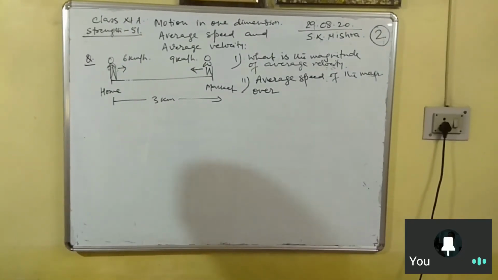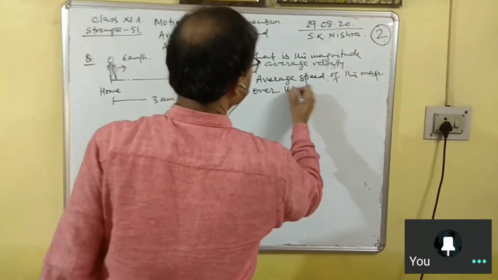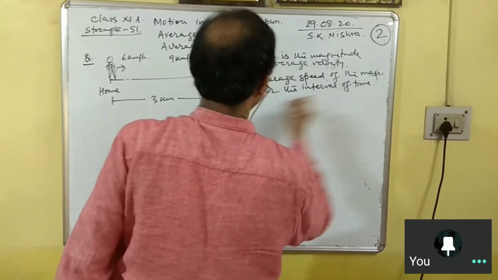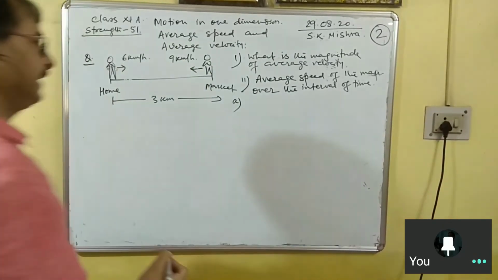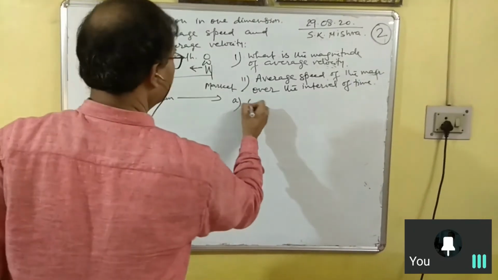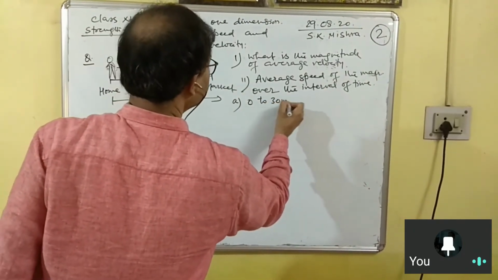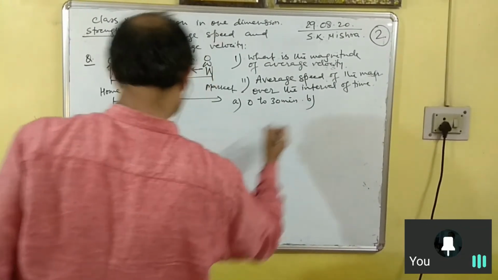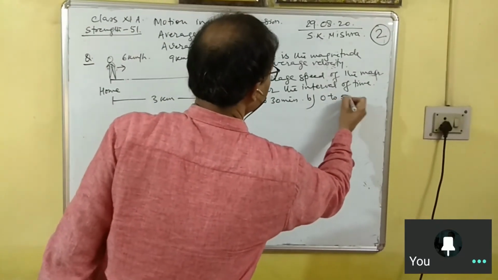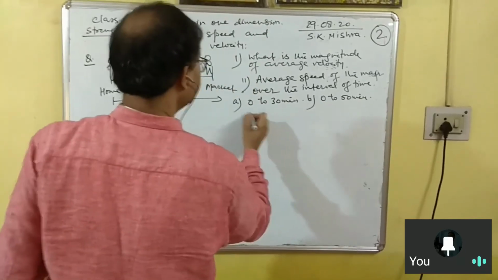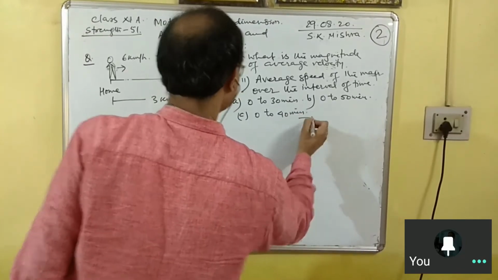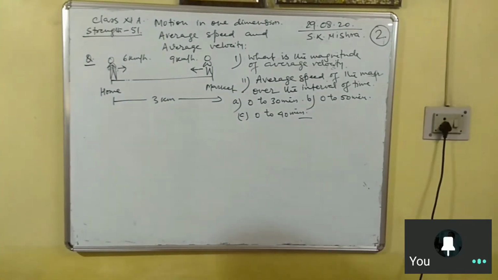Suppose the A part is 0 to 30 minutes, the B part is 0 to 50 minutes, and the C part is 0 to 40 minutes. Now, this is the question.